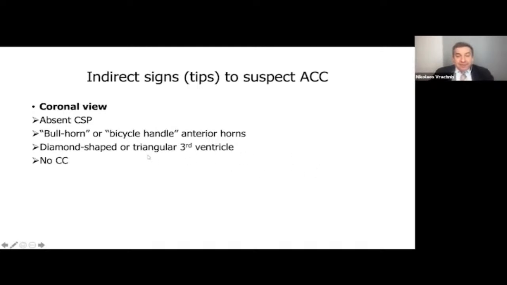And again, because the ventricle can be displaced, this has a diamond shape this time with many angles around, and obviously we cannot see the corpus callosum because it is agenesis, the case we are discussing. So these are very well known to the expert audience of the Egyptian Fetal Medicine Foundation group. The bullhorn or bicycle handle anterior horns are shown on the coronal view only.